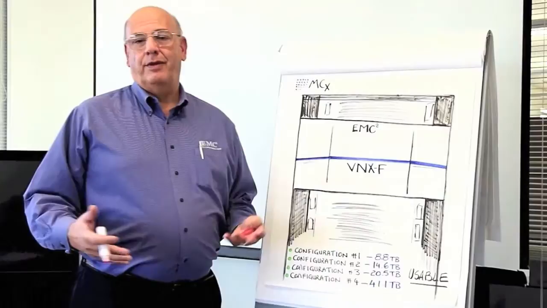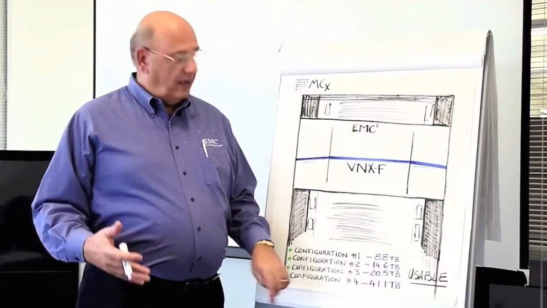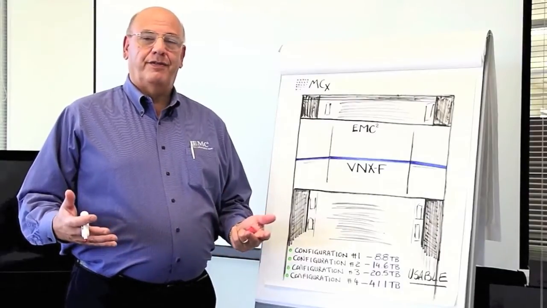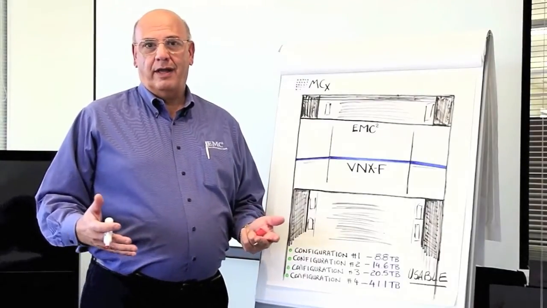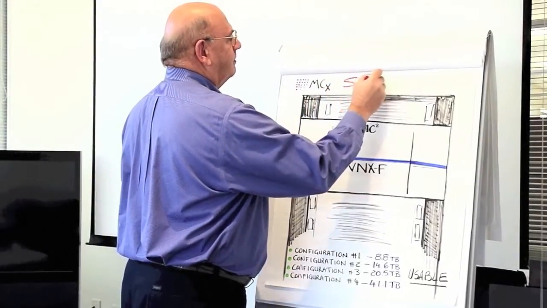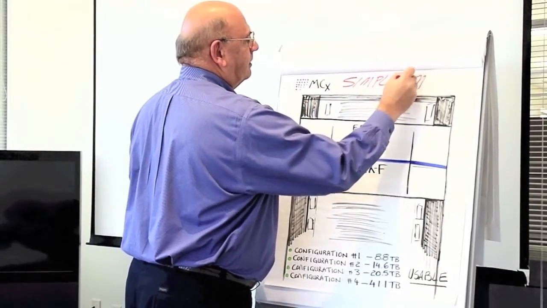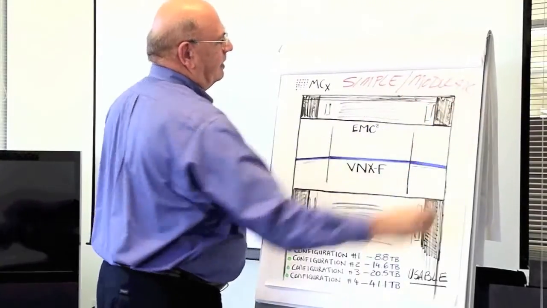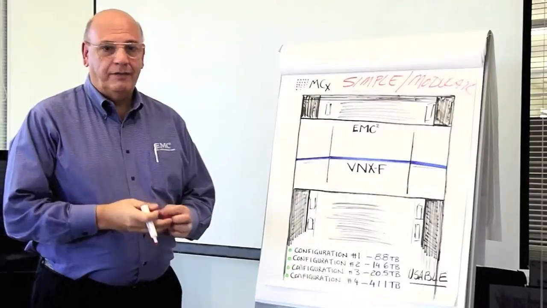It comes to you as a pre-configured RAID environment with the pre-configured capacities. You just plug it in, use Unisphere to manage it, and you're off and running. So the VNX-F, when you think about it, is a simple, modular approach to an all-flash array. It's a really economical way of deploying.